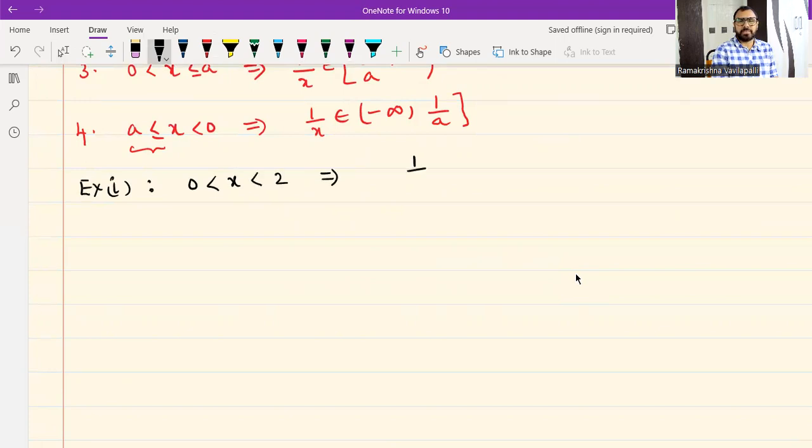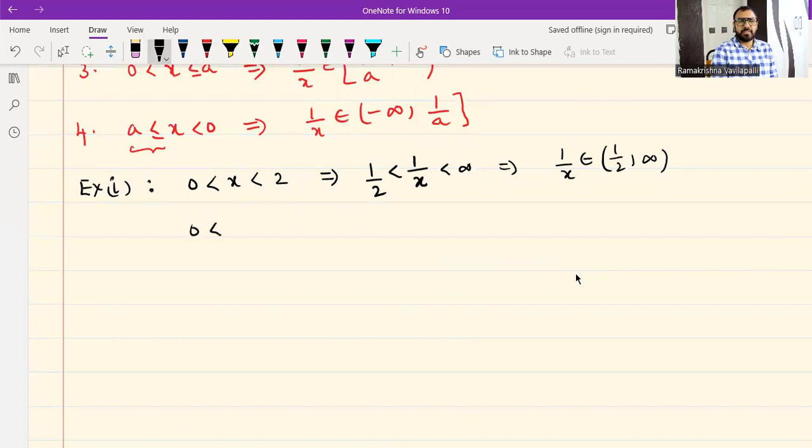So 1 by x lies between 1 by 2 to infinity. Or you can say that 1 by x belongs to the open interval 1 by 2 to infinity, using the above concept.